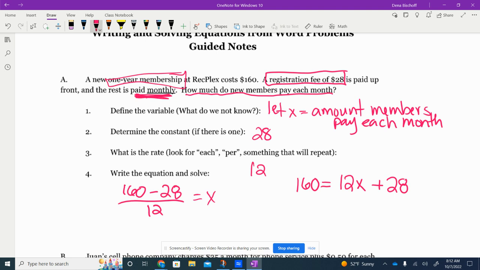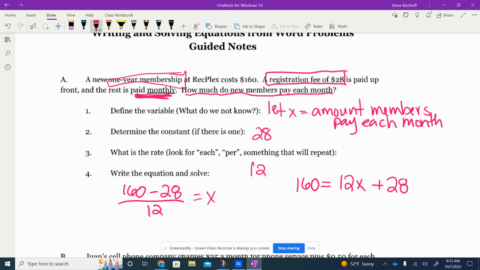And then if you need to put it in point slope form or some kind of linear form, think about what you did. So if I were to subtract 28 from both sides and then divide by 12, I would get the exact same equation over there. Okay? So how much am I going to pay per month? That's really the question.